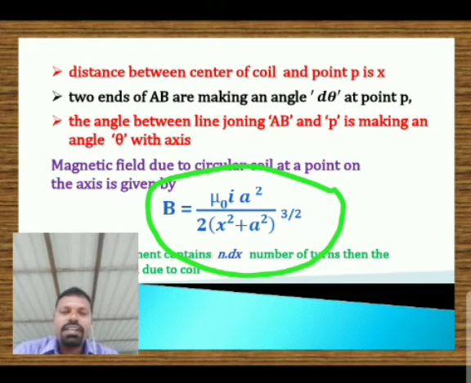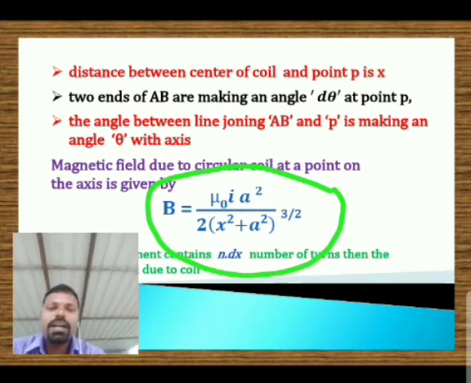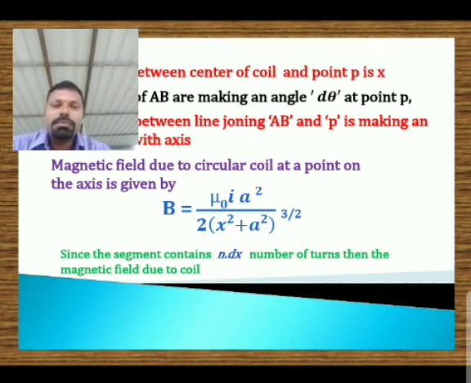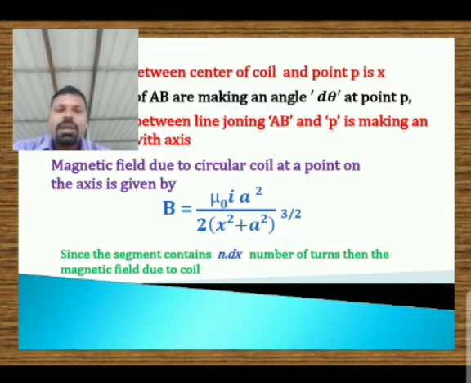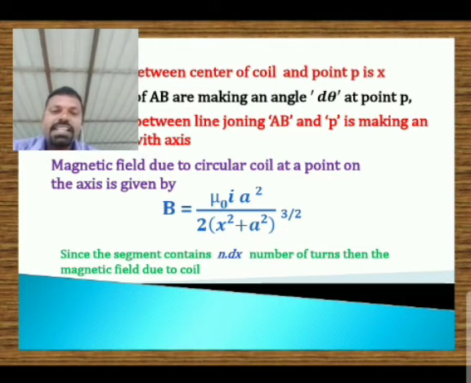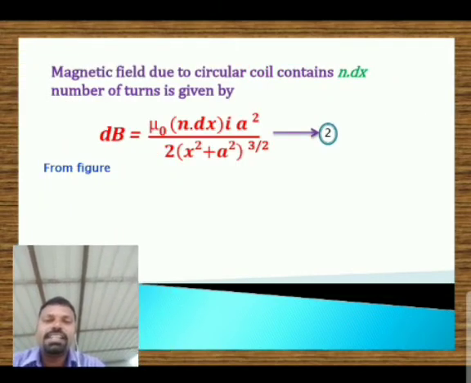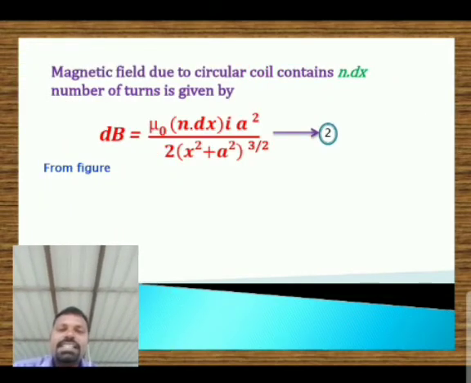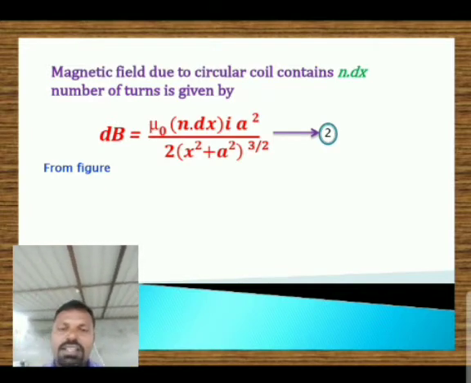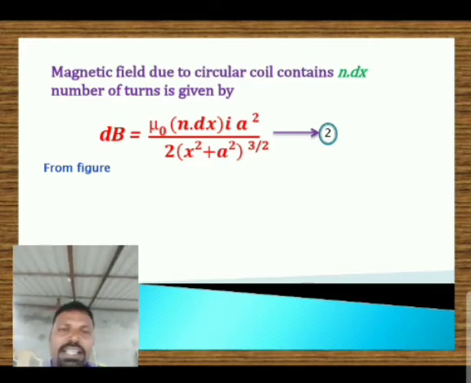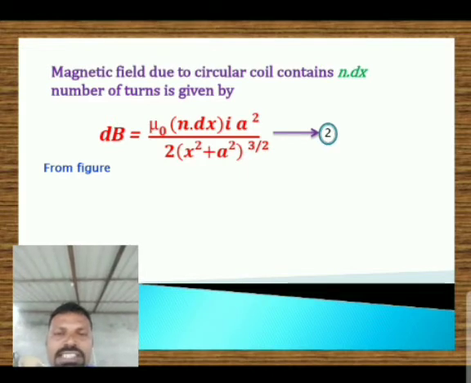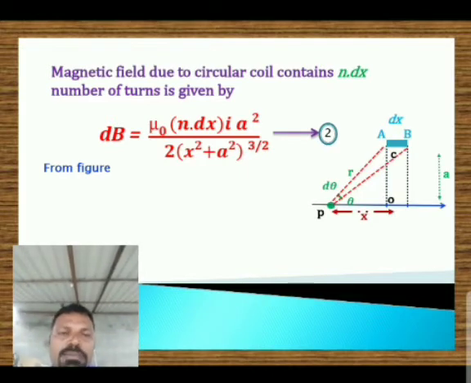This is the formula for a single turn, but here I am considering dx length, that means n dx turns. So multiply by n dx. So dB, the magnetic field produced due to n dx turns, is mu naught n dx I a square by 2 (x square plus a square) power 3 by 2. This is equation 2.